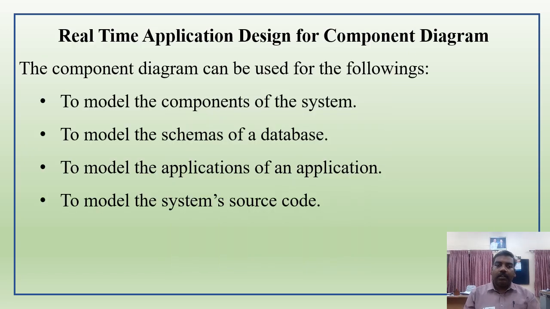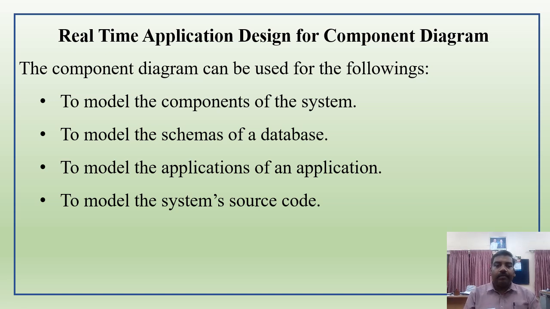Now, some real-world applications for this component diagram. Whatever UML diagrams you have come across, you should know whether they can be implemented in real time. Once you step into the IT sector and start designing projects, you need to choose which UML diagram is appropriate.